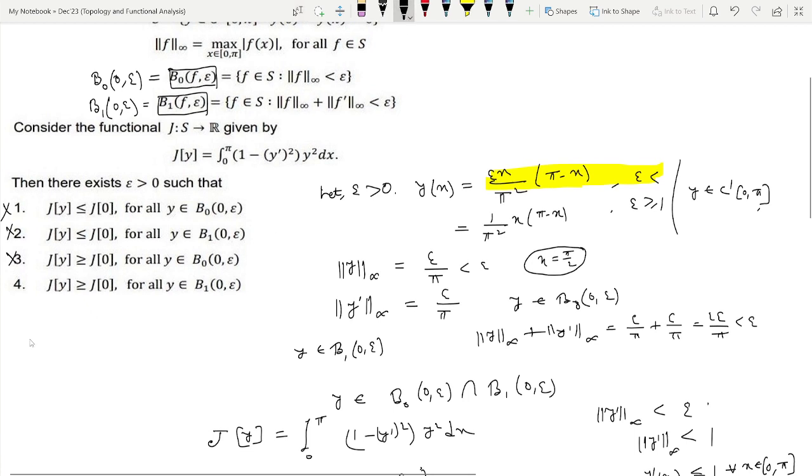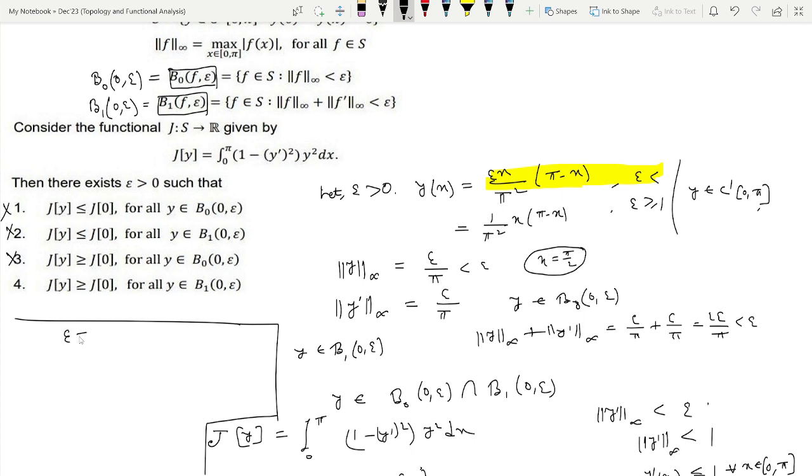See, this option 4 will be the only correct option, and this is very easy to show because to prove option 4 we have to find one epsilon. So simply we take epsilon equal to 1. Now we show that for all y belongs to B1(0, epsilon), J(y) is greater than or equal to J(0). So take one arbitrary y belongs to B1(0, epsilon).